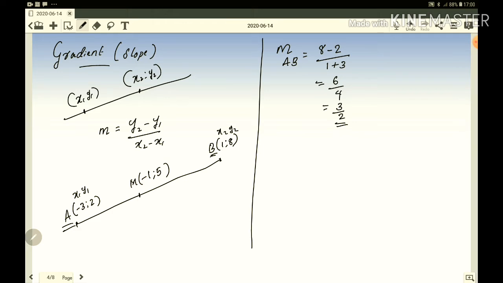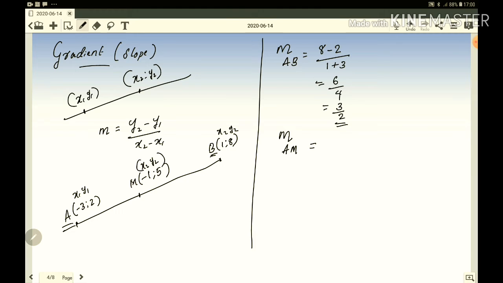Suppose I choose A and M, that is the gradient between the points A and M. Then x1, y1 is A, then x2, y2 is M. Like this.